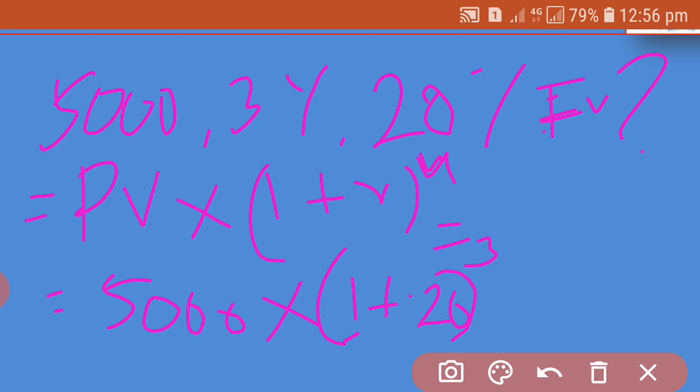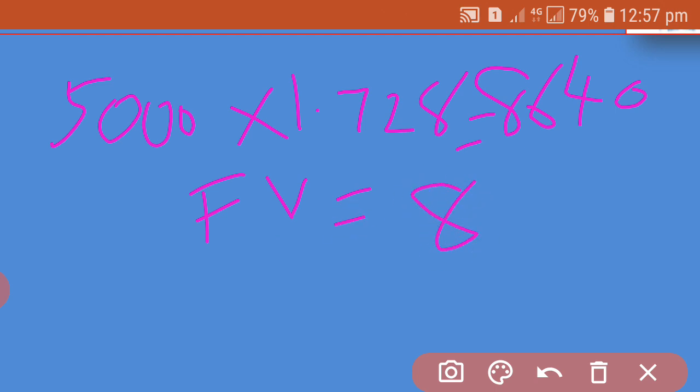Then we will get 5,000 into 1.2 all raised to 3. 1.2 into 1.2 into 1.2 is equal to 1.728. 5,000 into 1.728 is equal to 8,640. So the future value is 8,640. This is how we will calculate the future value.